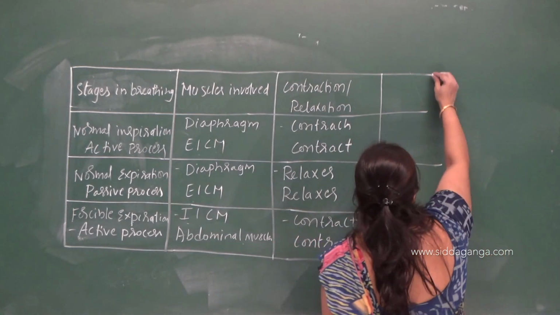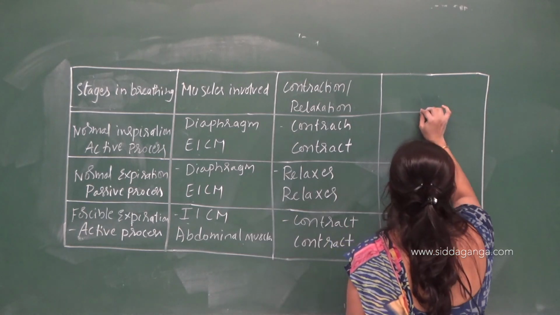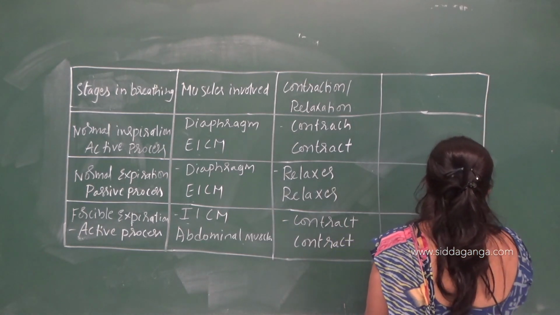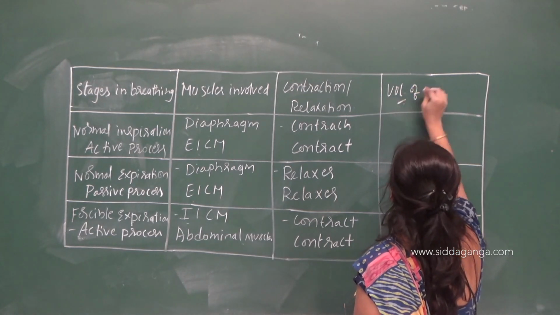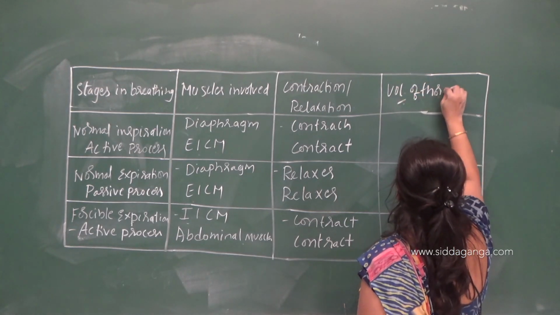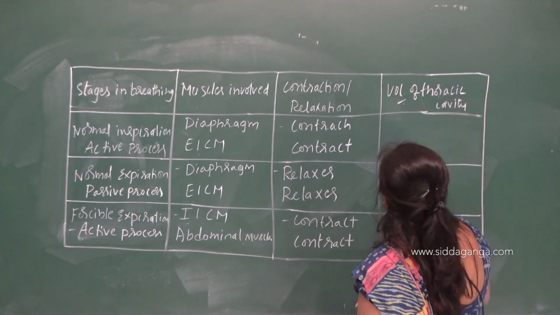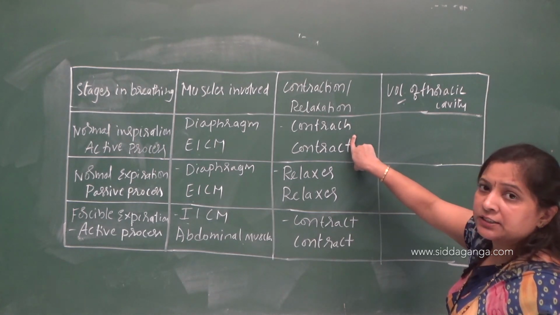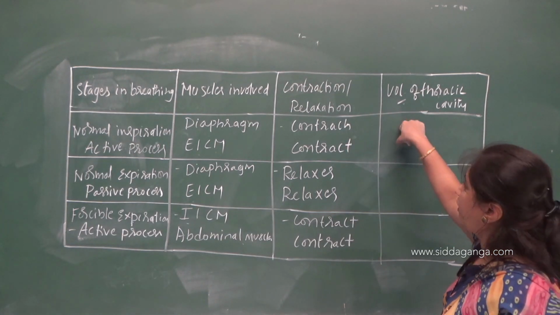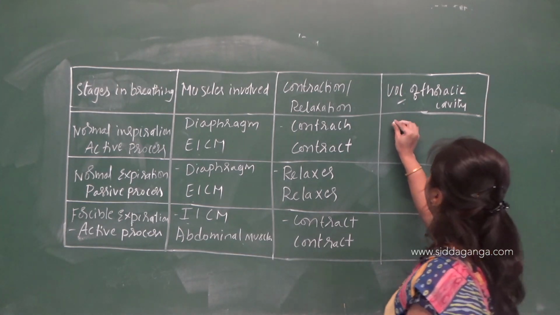Now, volume of the thoracic cavity. During normal inspiration, when the diaphragm muscles contract, does the volume of the thoracic cavity increase or decrease?